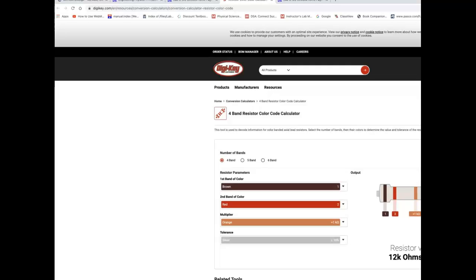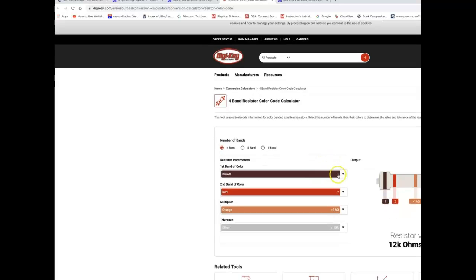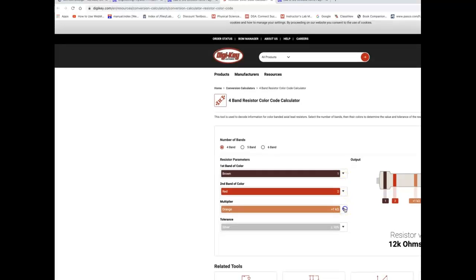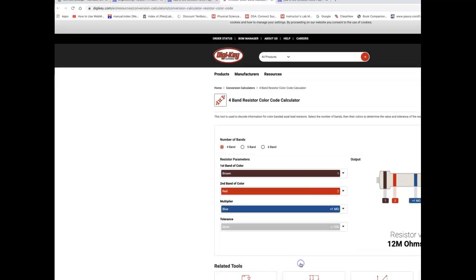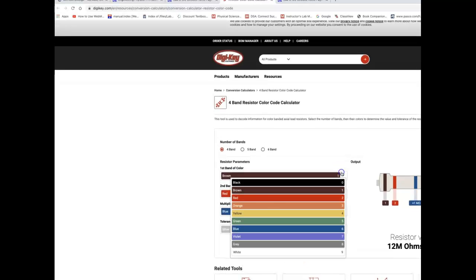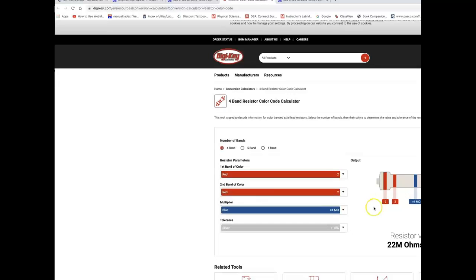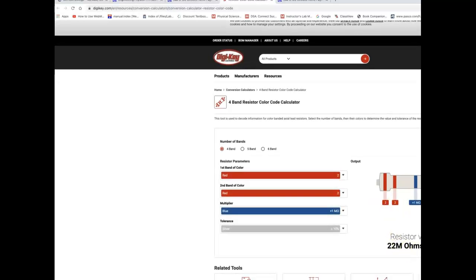All right, and then the silver is plus or minus 10%. Okay, then I can have, let's say here, blue, and have that one, let's say red, then this is 2 times 10 to 6 ohms, plus or minus 10%.